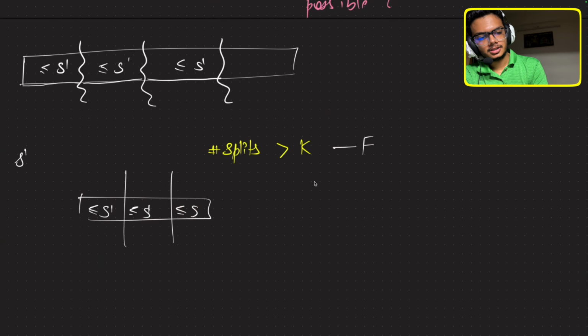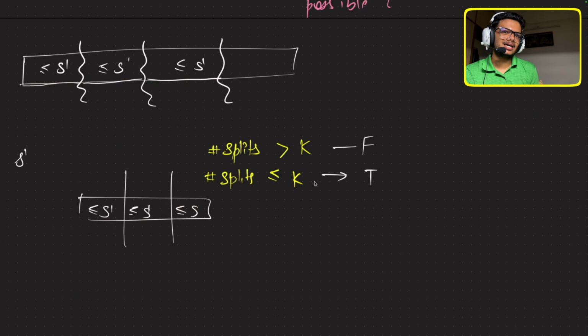But if the number of splits that you are doing in this strategy, going from left to right, and whenever the sum is exceeding S dash, you create a new split out of it, if it is less than equals to k, then yes, you can definitely have k splits of your array, such a way that the individual subarray sum is not exceeding S dash.